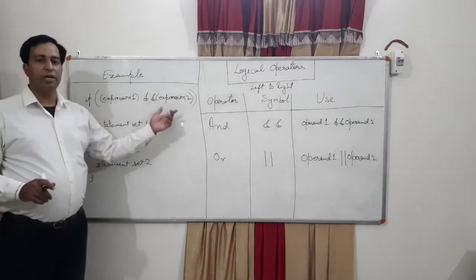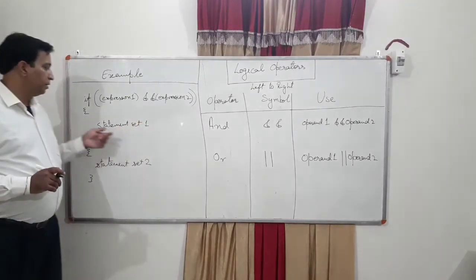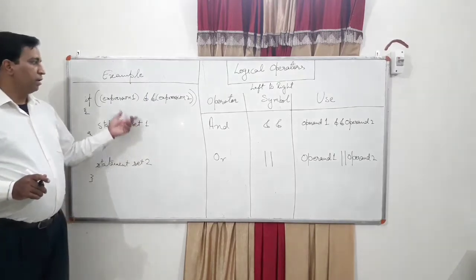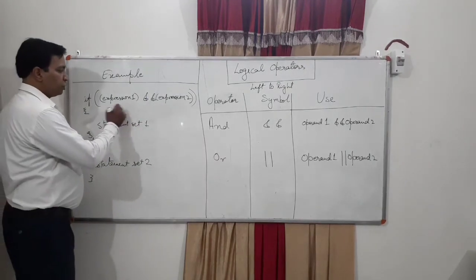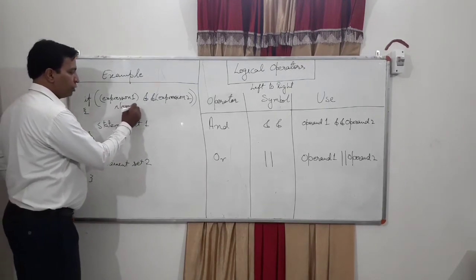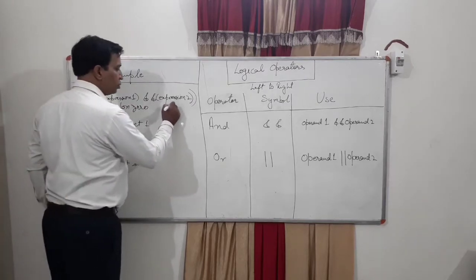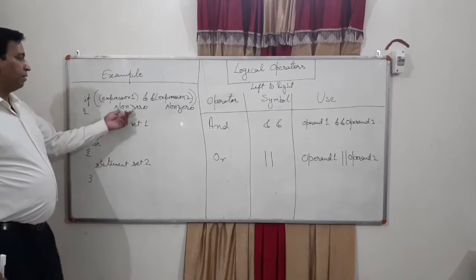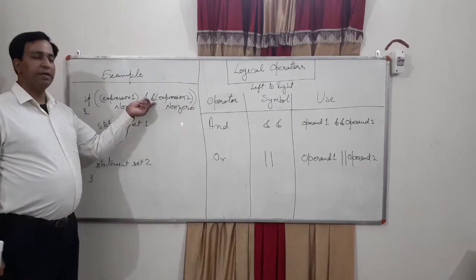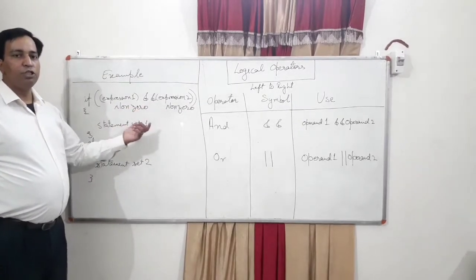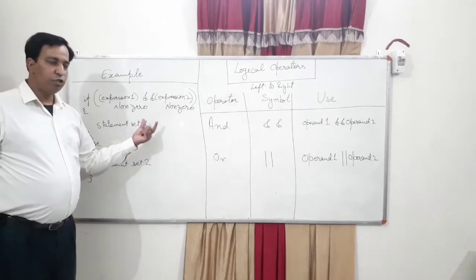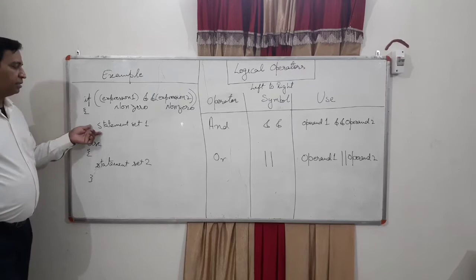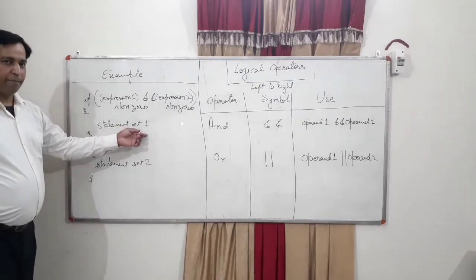Suppose this expression is non-zero and this expression is also non-zero, then the output of the AND operator will be non-zero, and in case of a non-zero value, the if segment will be executed, that is statement set 1.